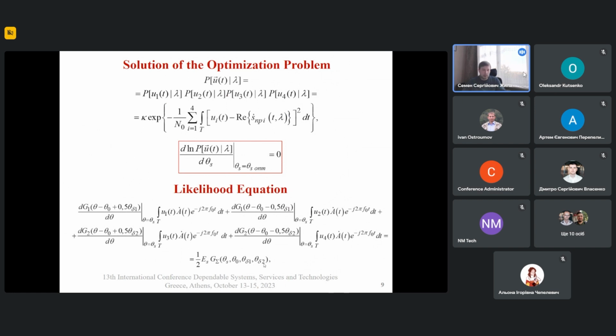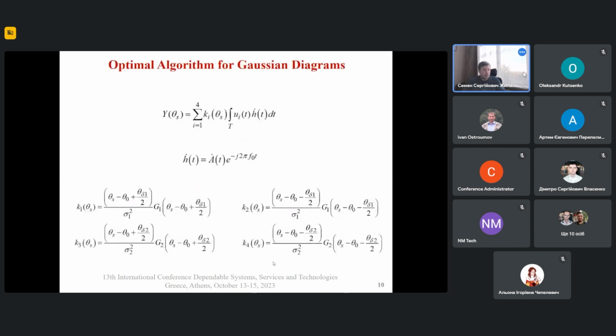All these angles are stated as known. And the optimal algorithm is the following. We have to weight all our measurements of power in every channel.